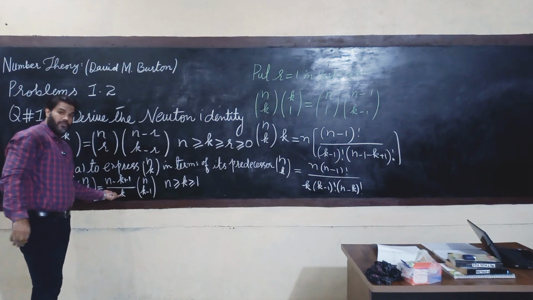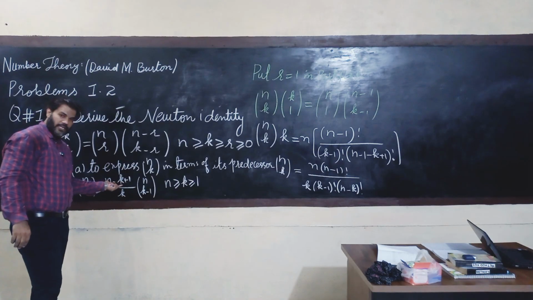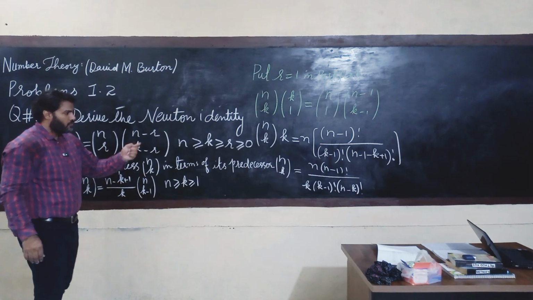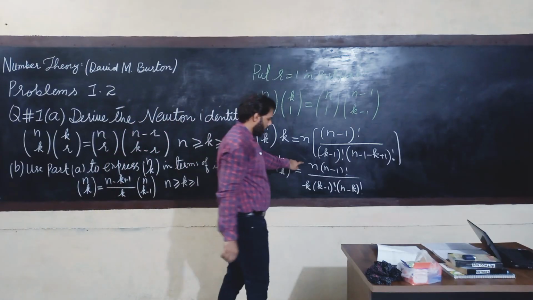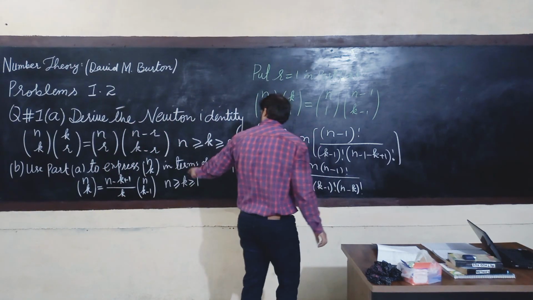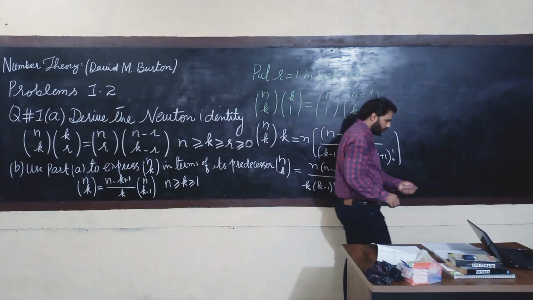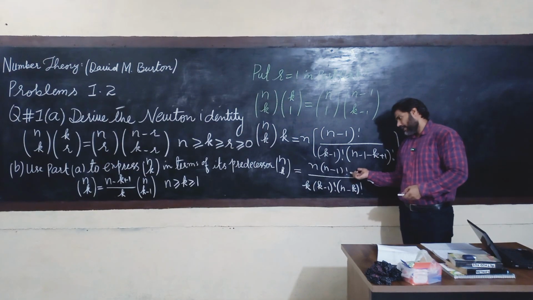If you see on the right side of part B, there is a term n minus k plus 1. So to make this factor n minus k plus 1, we multiply and divide, multiply numerator and denominator by the number n minus k plus 1. And also the numerator is equal to n factorial.